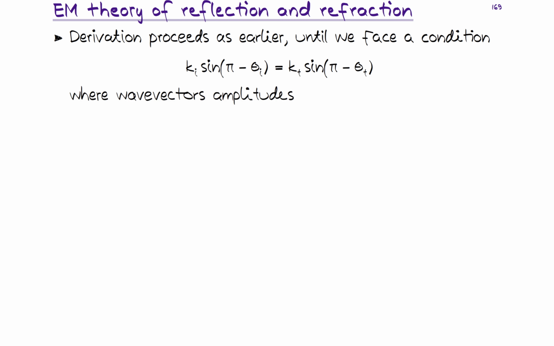The new thing here is that the amplitudes of the wave vectors are now not equal, so ki is not kt. This is because we have two different media of interest, the medium I and the medium T, and they are now optically different. That gives me the fact that the amplitudes of the wave vectors are different.